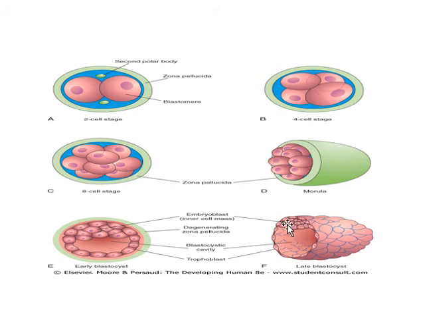The cells which are present inside the circle are called the inner cell mass, and the other name is the embryoblast.